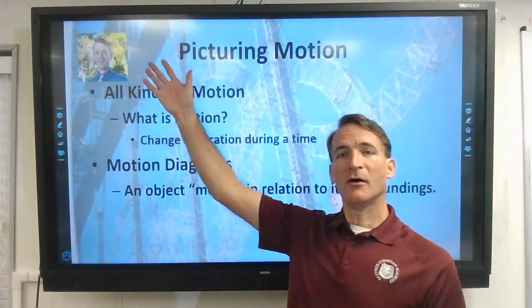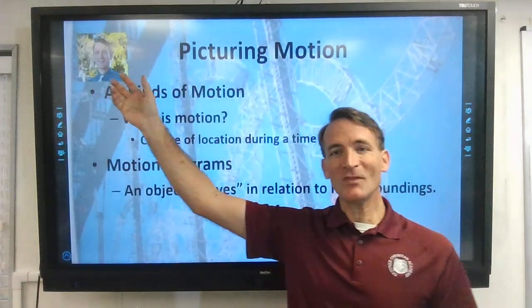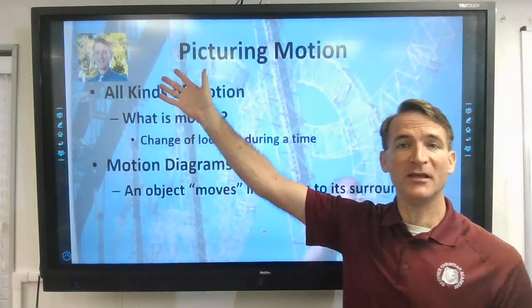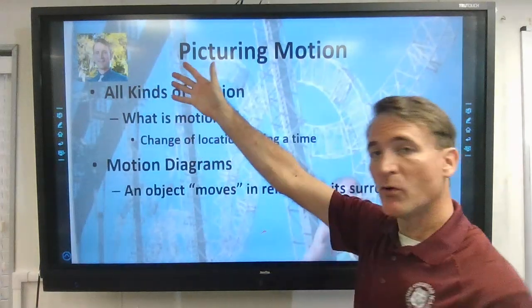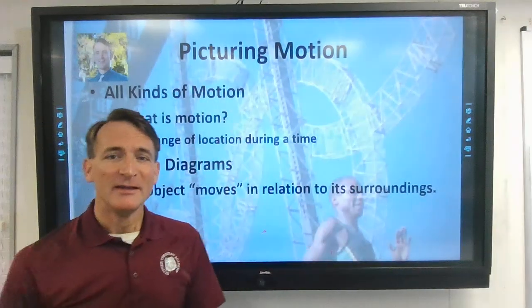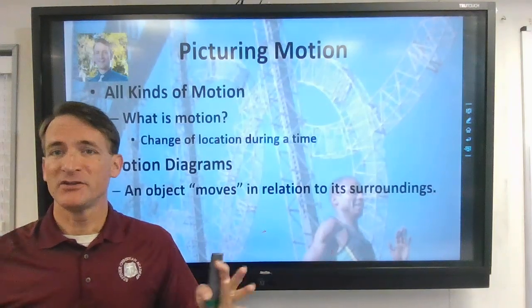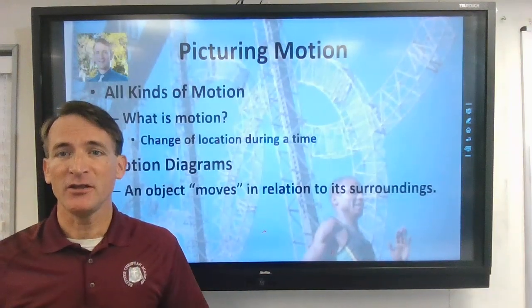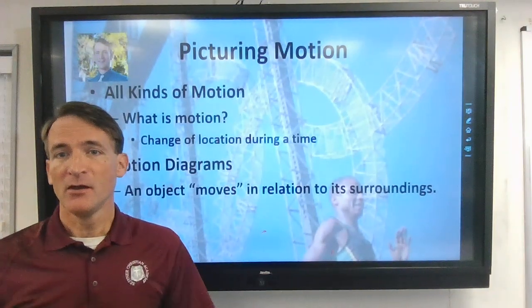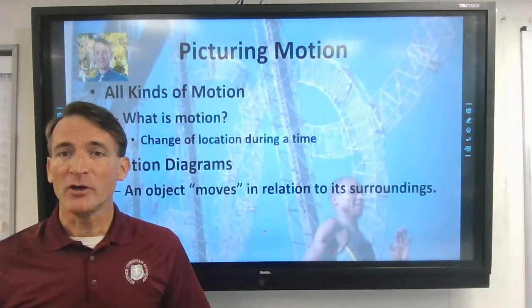So up here on my screen, I have this nice looking gentleman right here, and he is in the top left corner of the screen. However, is he moving? Right now, that picture is not moving. It's stationary in relationship to everything that is surrounding it. However, it could move.